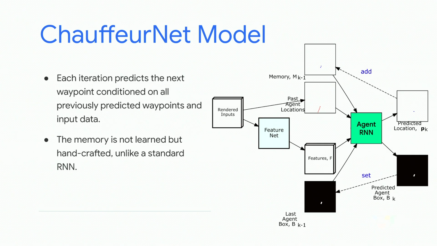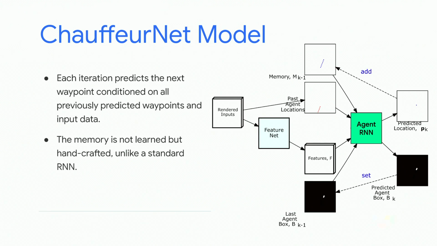Now, to look at it in a little bit more detail, this is a blow-up of some parts of the network. If you focus on the output of the agent RNN, on the top right, you can see a predicted location PK. Now, this predicted location PK is one particular output. You actually produce that and then update a memory M. This memory gets fed back into the agent RNN, and the agent RNN can then use this to produce the next waypoint.